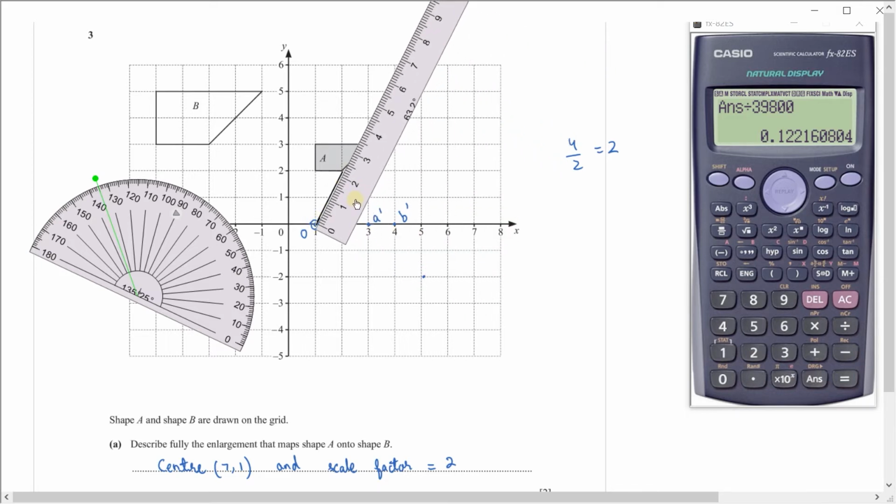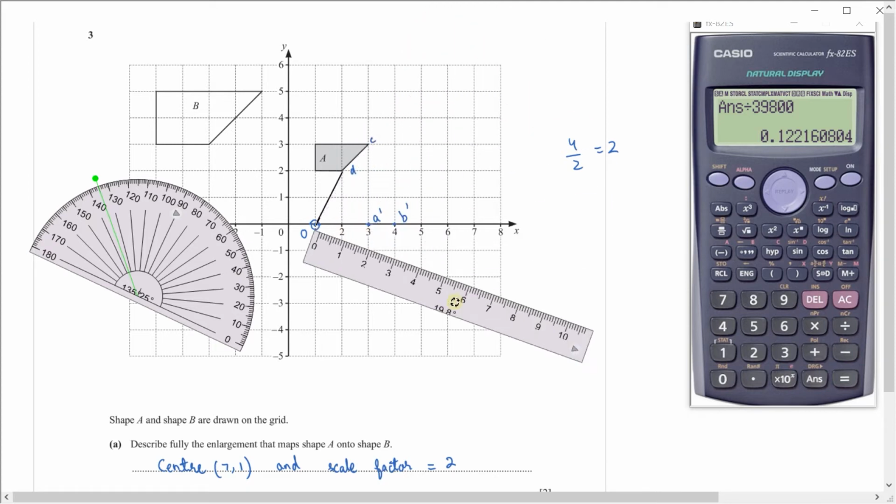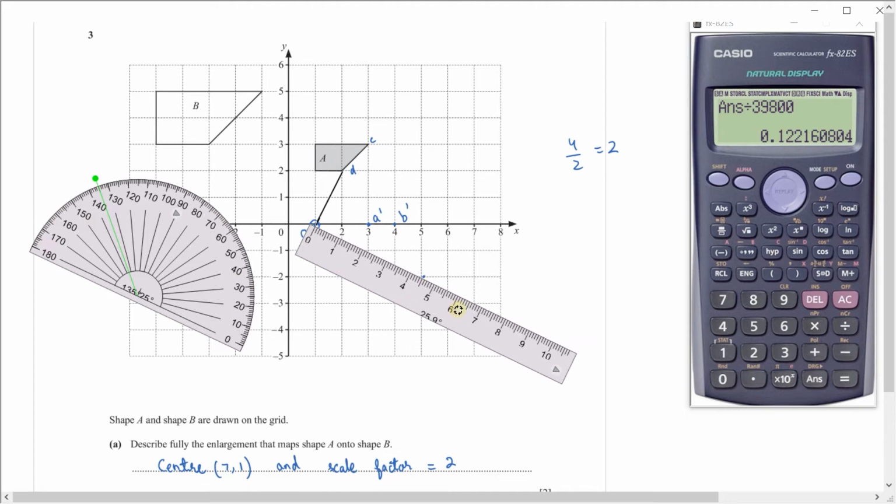So I'll measure this length. This is almost 2.2 or 2.3 centimeters. So now I will align my ruler with this 90-degree line, 90-degree point that I have drawn. And now if I draw a line which is 2.2, I will end up at this point.